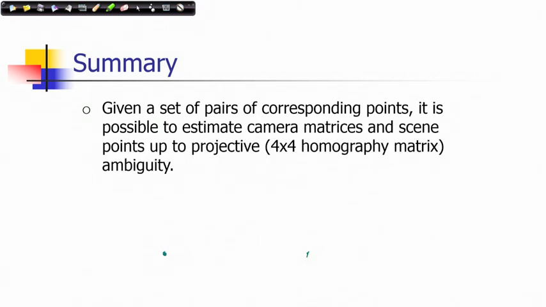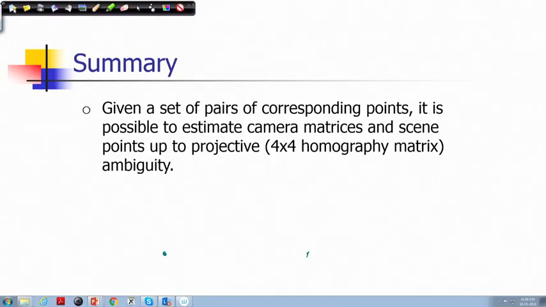And given a set of pairs of corresponding points, it is possible to estimate camera matrices and scene points up to projective ambiguity, which is 4 cross 4 homography matrix.